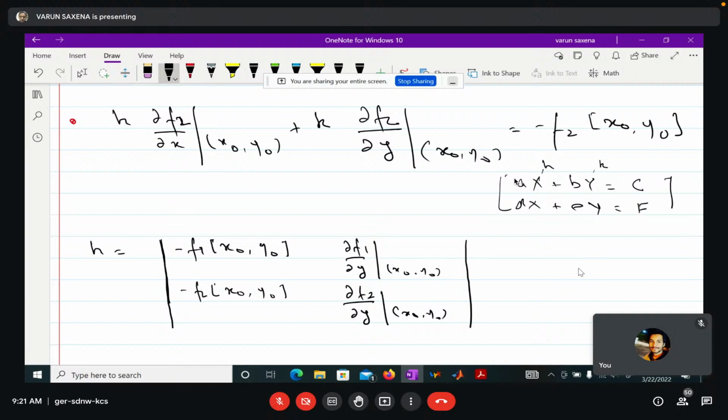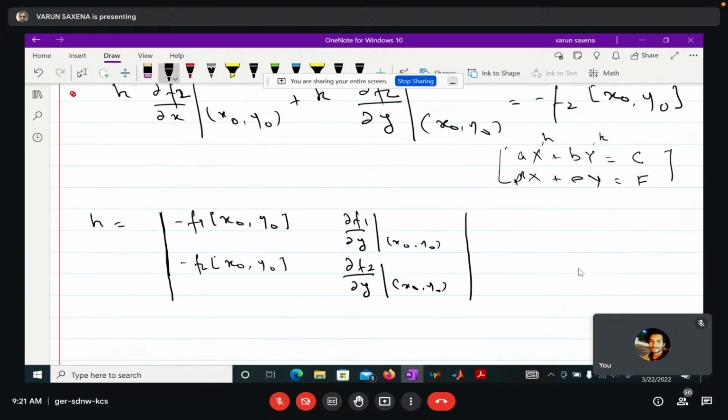This is your h, okay, divided by the determinant of the initial matrix.